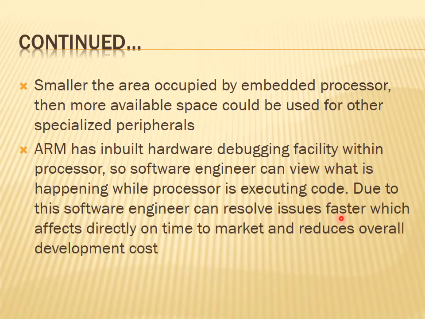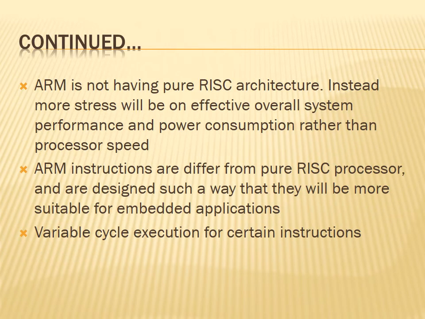So the overall development of the system takes a very small amount of time, and he can put the embedded system into the market very quickly. That is called time to market, and the overall development cost also reduces because the on-chip debugging facility is available. These are some important features of the ARM processor or ARM core.